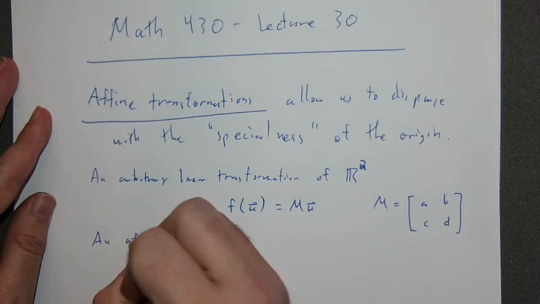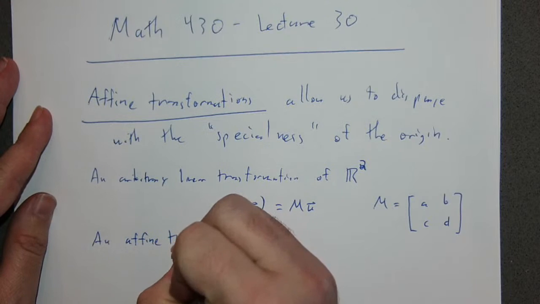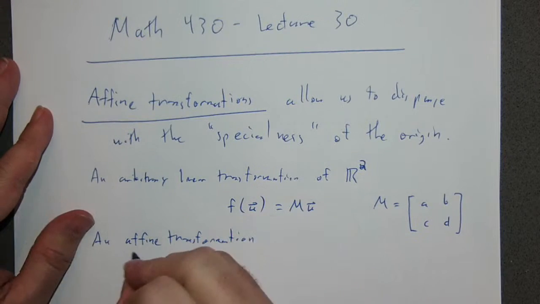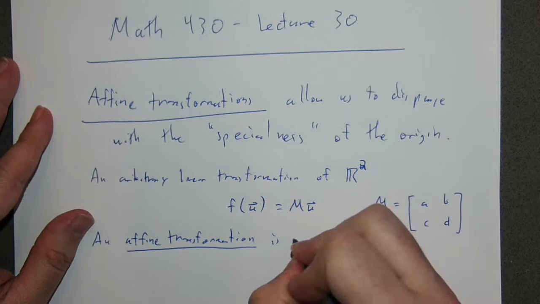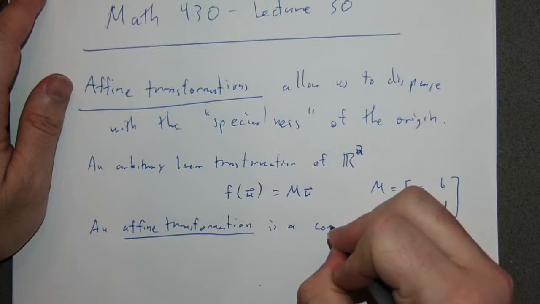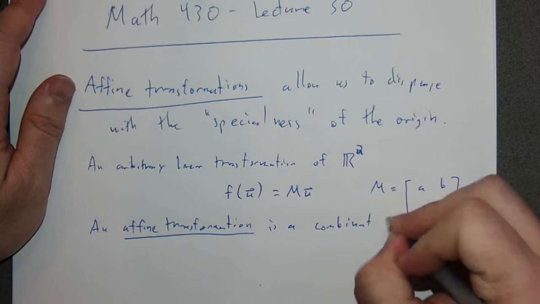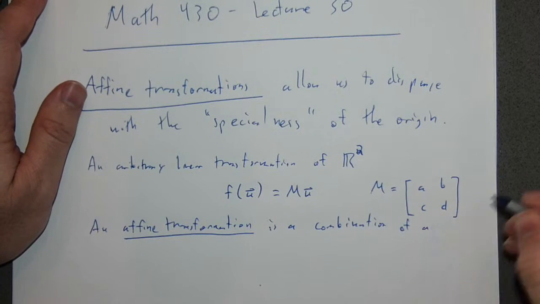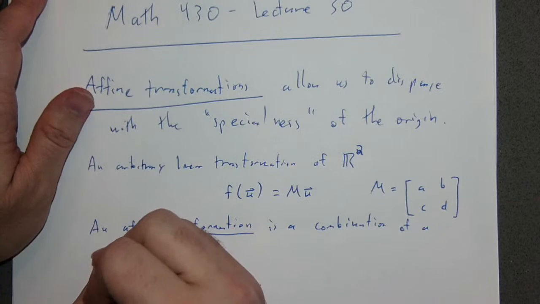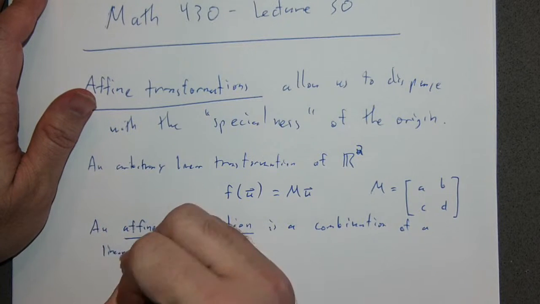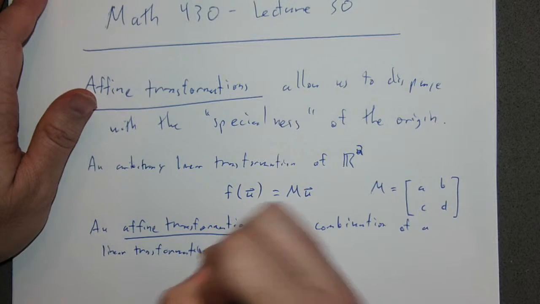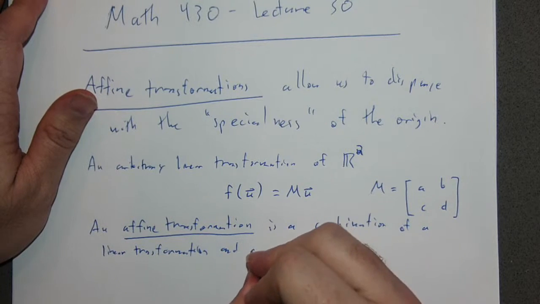So an affine transformation is a combination of a linear transformation and a translation.